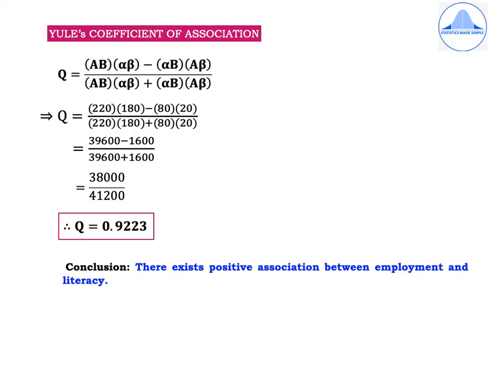Substituting the cell frequency values from the 2 by 2 contingency table, we get Q equal to 220 into 180 minus 80 into 20 divided by 220 into 180 plus 80 into 20, which is equal to 39,600 minus 1,600 divided by 39,600 plus 1,600, which is equal to 38,000 divided by 41,200, or Q is equal to 0.9223. Conclusion: there exists positive association between employment and literacy.